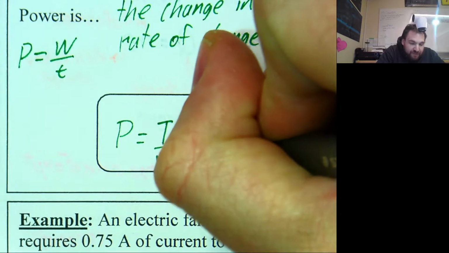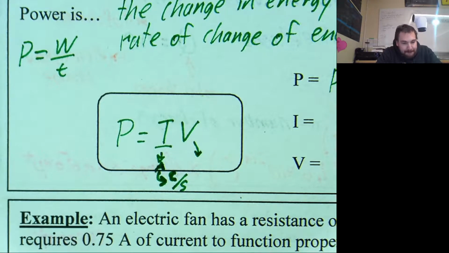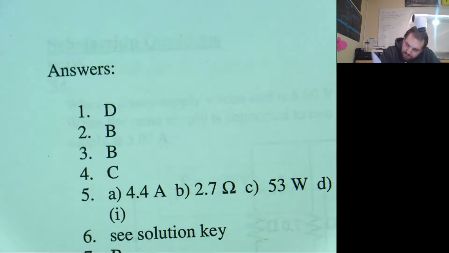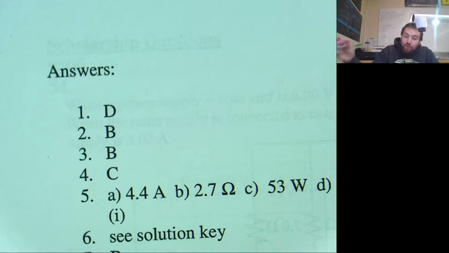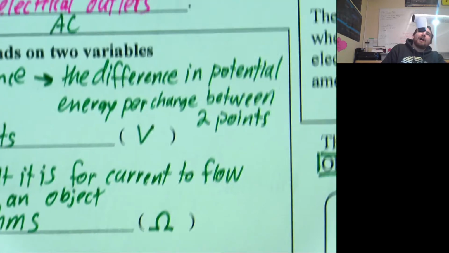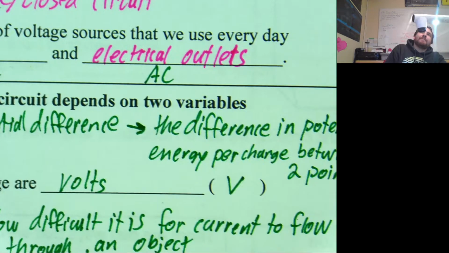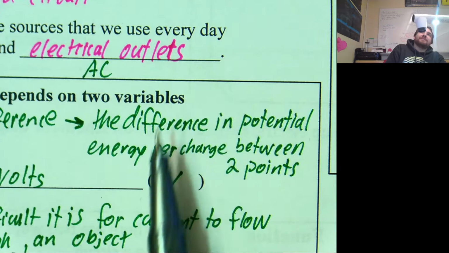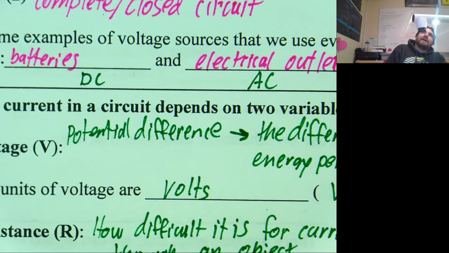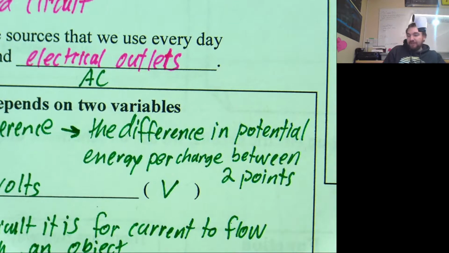Times voltage. Voltage was a measurement of what? Did we have units for voltage? Let's go back and take a look at it. We called the units for voltage volts. We said it was big V. But I also said it was the difference in potential, the difference in potential energy per charge between 2 points.